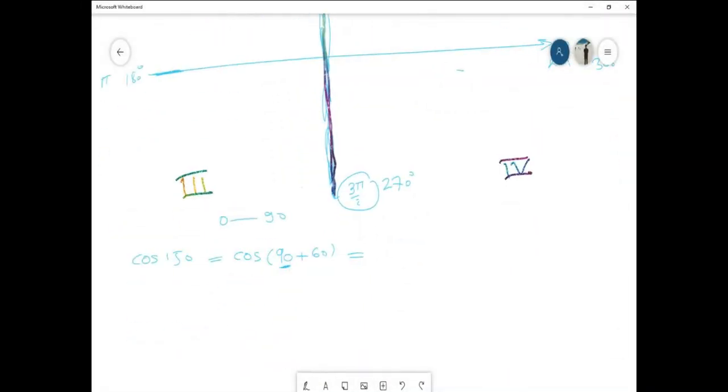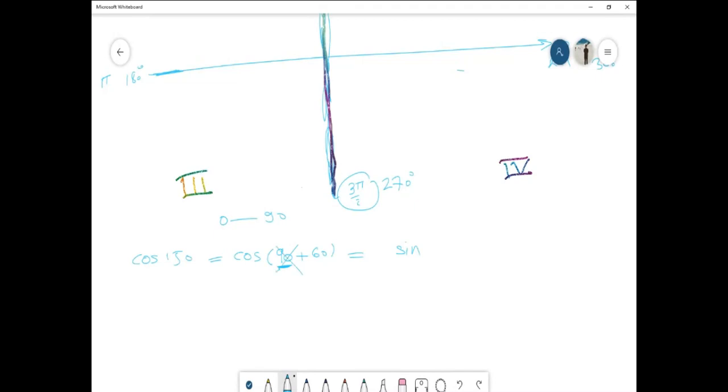This line is really dangerous. Okay? It changes the sign. If anything passes through this boundary, 90 or 3 pi over 2 or 270 degrees, it changes the sign. As you can see, here my cosine is passing from 90. That's why it will change the sign.